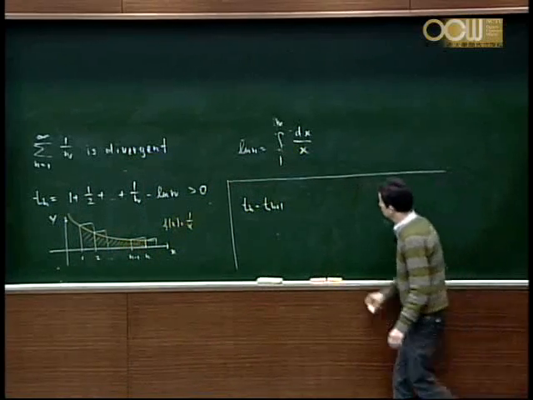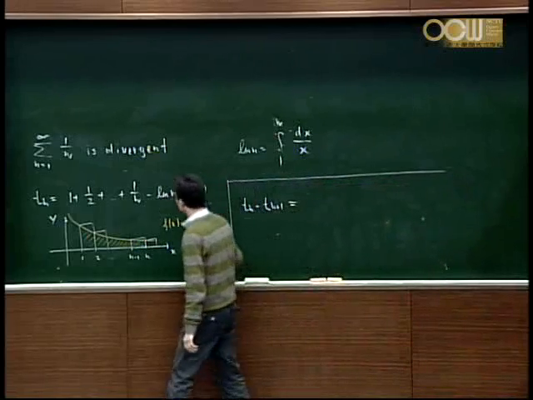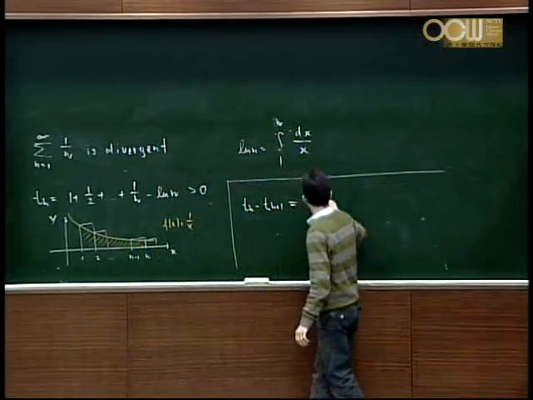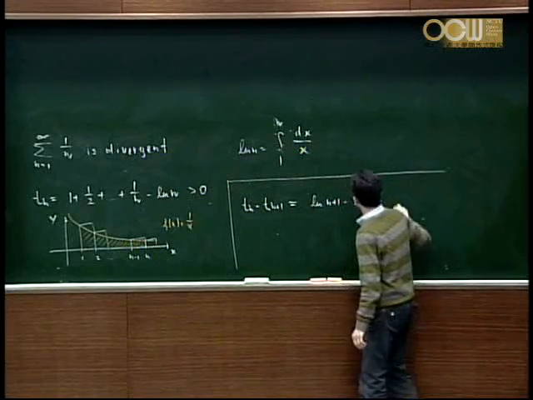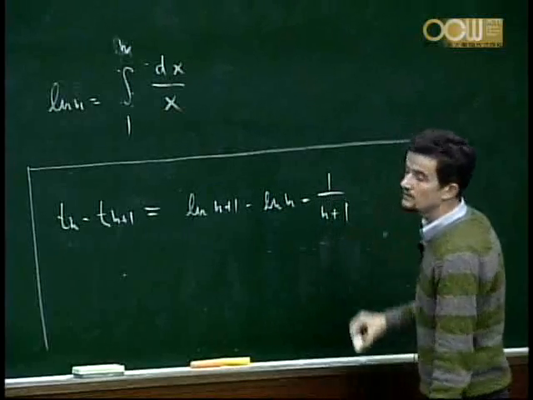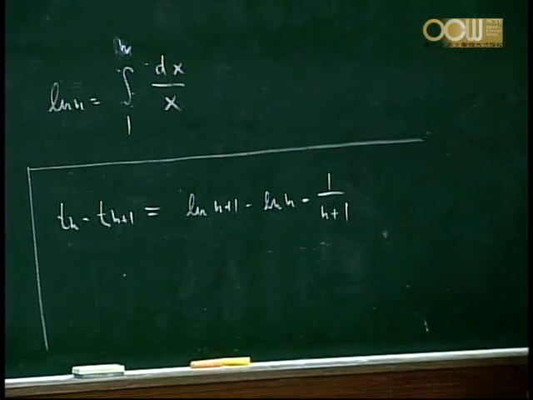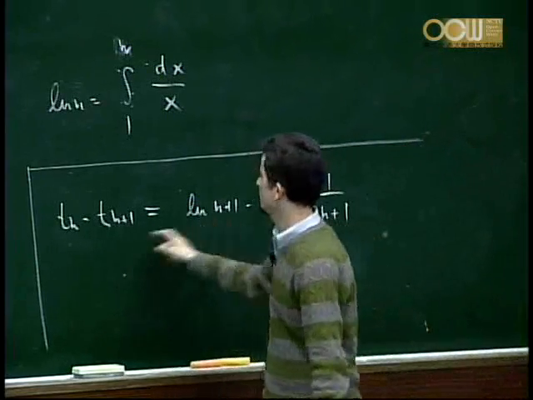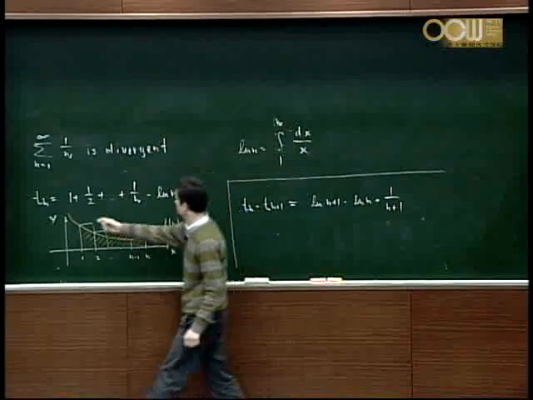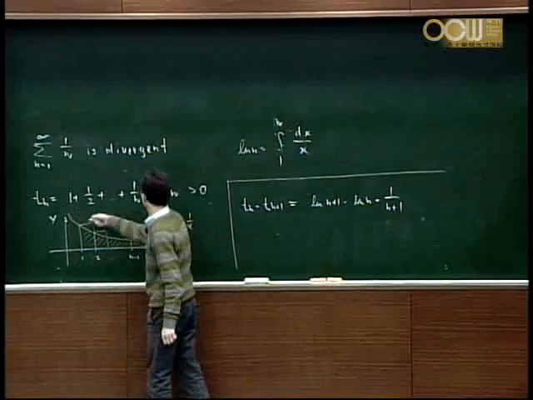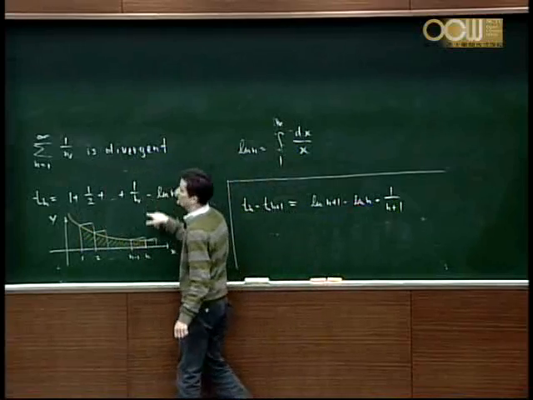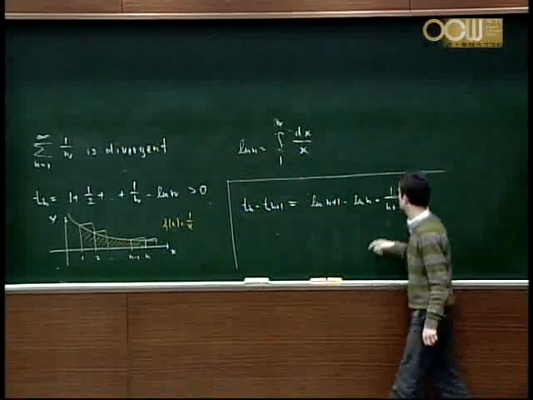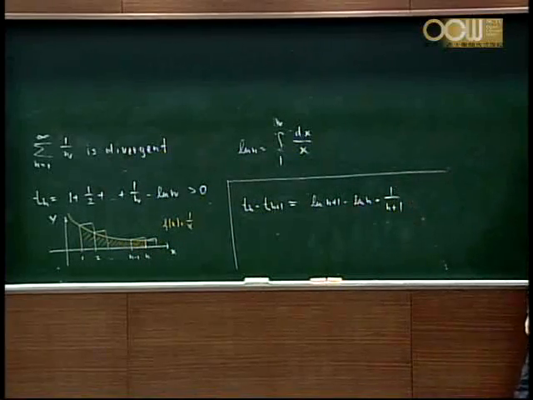If you compute this, you see this will be equal to ln n plus 1 minus ln n minus 1 over n plus 1. The ln n plus 1 is from this term, the ln of n is from this one, and in this sum you have from 1 up to 1 over n, and here from 1 up to 1 over n plus 1. So most of them cancel out, and only this one will remain.